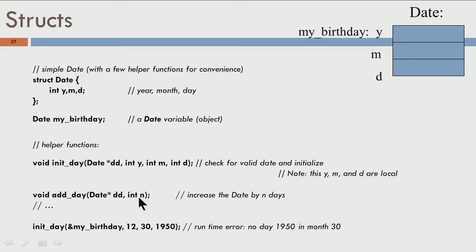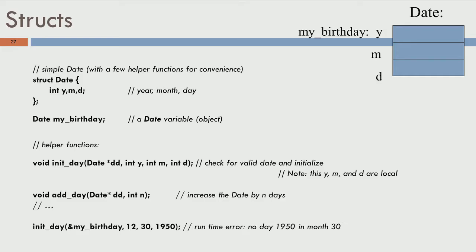So, let us say the current date is 30th December 1950 and I want to add 2 days to it and move to January 1, 1951. Let us say I want to do that, I should be able to add a few days and have a mechanism by which I not only recognize that 2 days from 30th December is not 32nd December, in fact it is not even in December, it is in January, and it is not even in January of this year, it is actually moving to the next year.